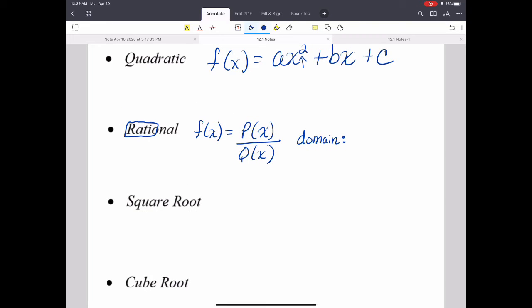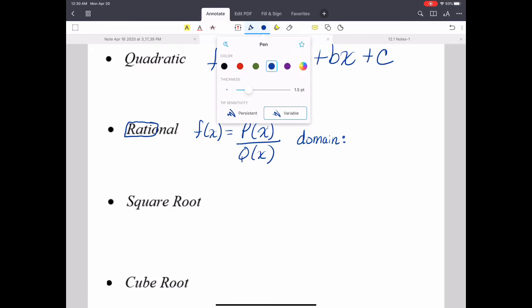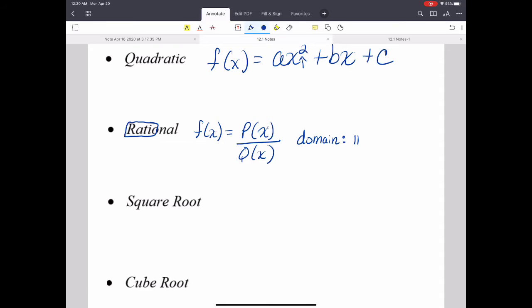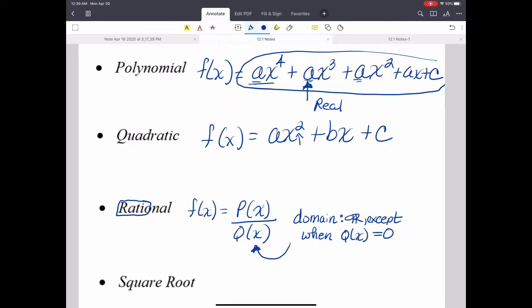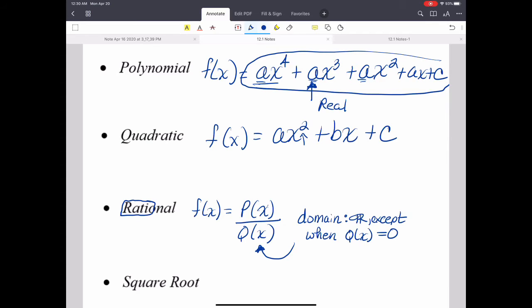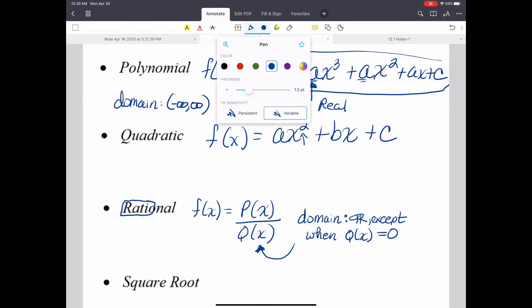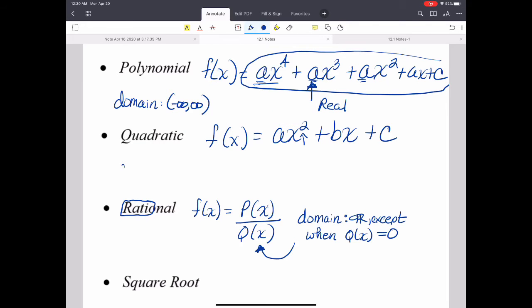When we look at the domain of this one, we have to be careful: the domain can be all reals, except when q of x equals 0, because we don't want the denominator to equal 0. Forgot to mention what the domain was of polynomial functions, but the domain of polynomial functions is all real numbers. And same thing for quadratics.